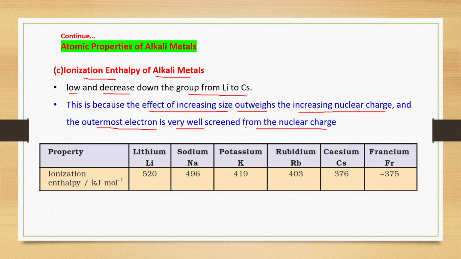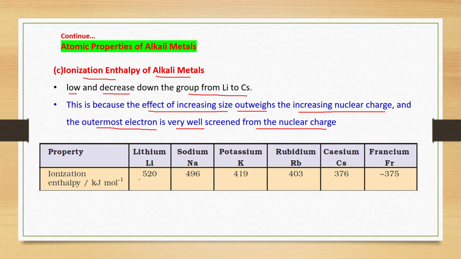In a simple way, we can say down the group size increases due to increase in number of shells, and at the same time the electrons present in the inner orbitals screen the nucleus from the outermost electron. That's why it is easy to remove the outermost shell electron.